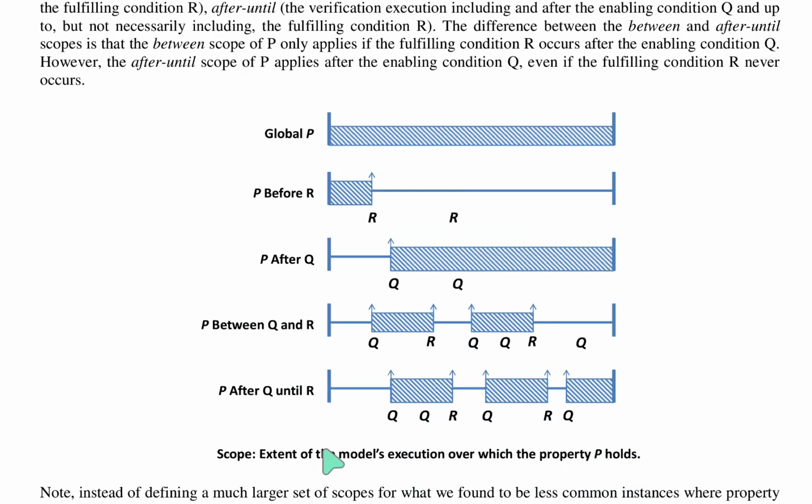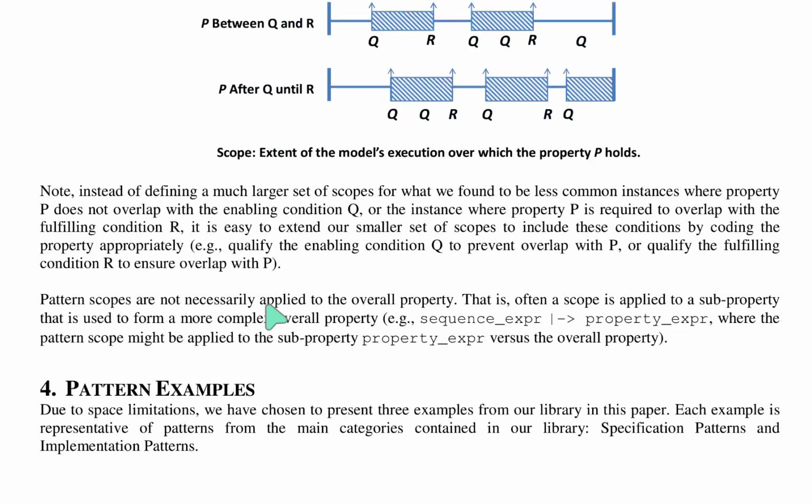Scope: the extent of the model execution over which the property P holds. Global P, P before R, P after Q, P between Q and R, P after Q until R.